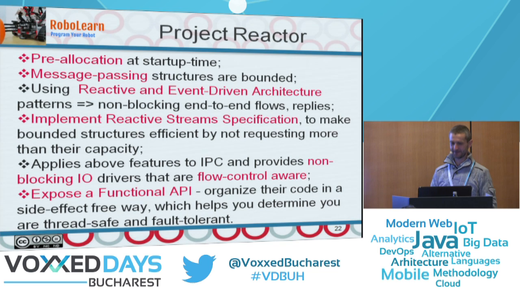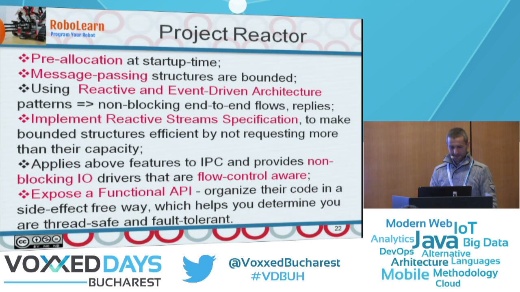We also use end-to-end reactive flows. There are also connectors with different networks. For example, this demo uses a WebSocket connector, which is accessed by using Reactor Net. It was a different part. Now it's a separate project, Reactor IO.